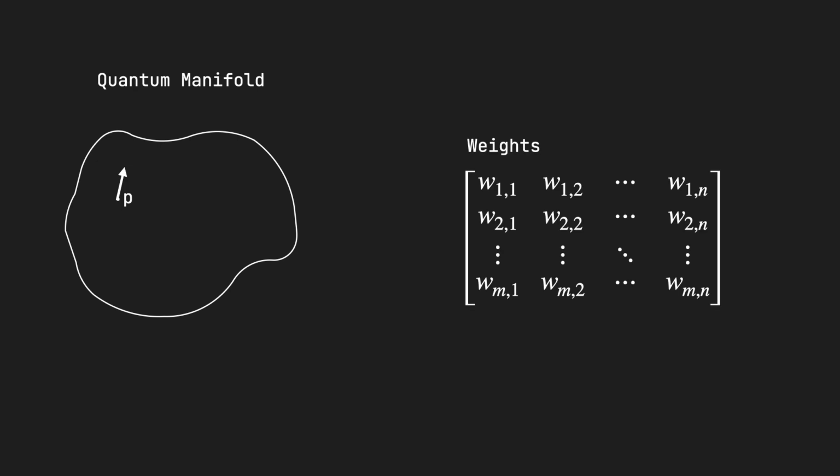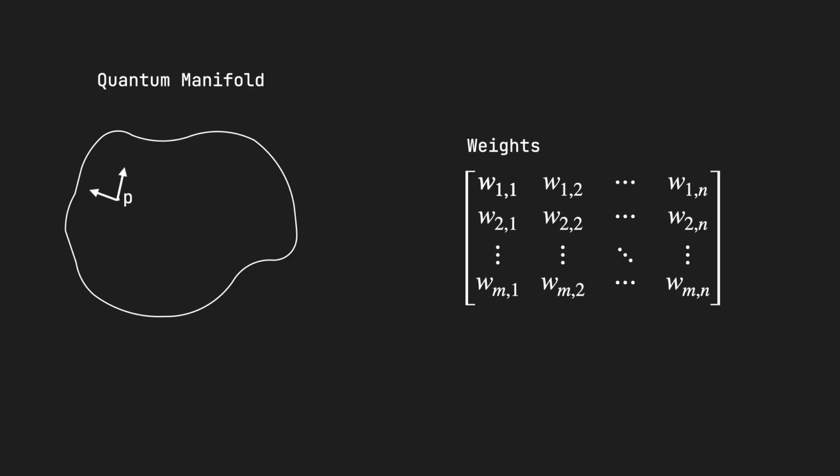So we have these weights, and as these weights are changing, our vector is rotating on this quantum manifold. Now, as our vector is rotating, we need to do something equivalent to measuring the distance to get information about how these parameters are changing.